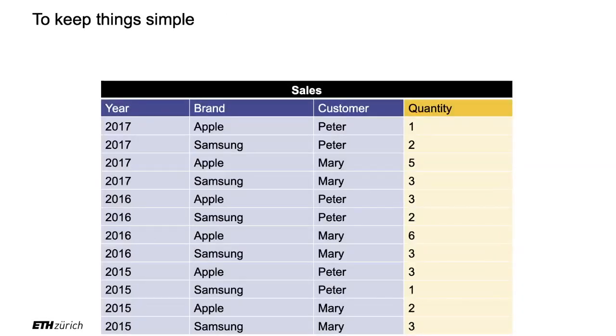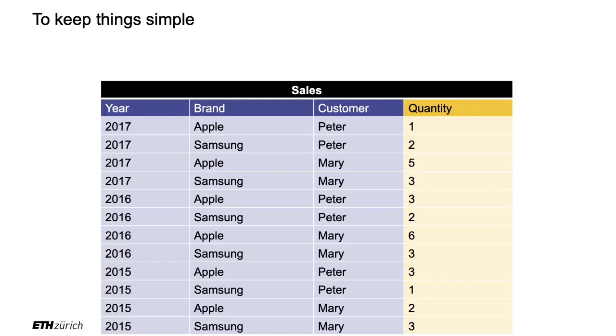But to keep things simple, now I'm going to forget about the satellite tables for a moment. So I'm just going to take a simple case where I projected, or I already did my join, and now I just consider the year, the brand, and the customer, right? So I have my year, my brand, and my customer, and I can forget about the satellite tables. I'm just going to work on that fact table. I'm going to slice, dice, and so on.